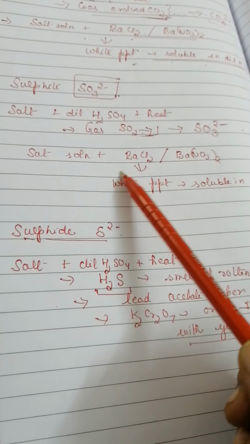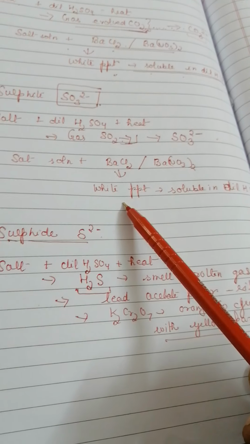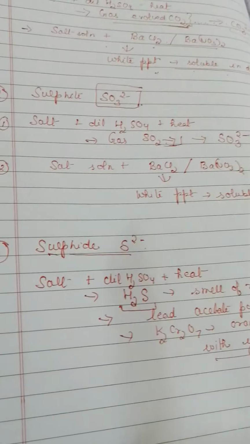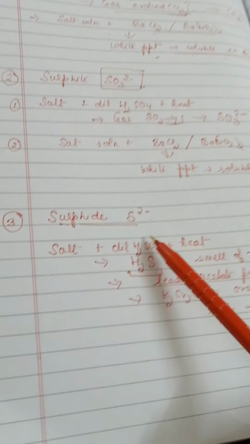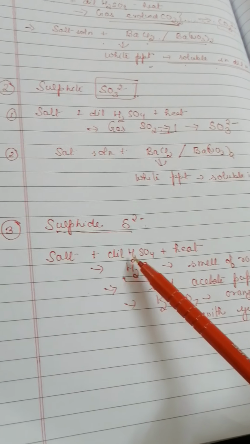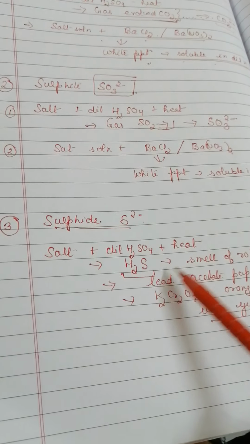To the salt solution add barium chloride or barium nitrate and you get a white precipitate which is soluble in dilute HCl, again the same as for carbonate. And sulfide is a different radical from sulfite. You add dilute sulfuric acid to the salt and heat. The gas evolved is hydrogen sulfide, and you know the observation for hydrogen sulfide.